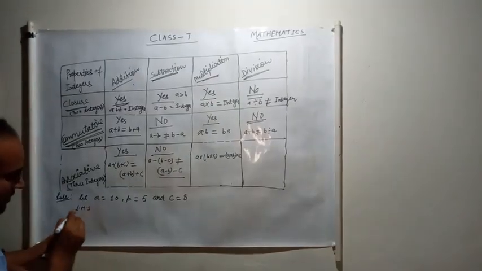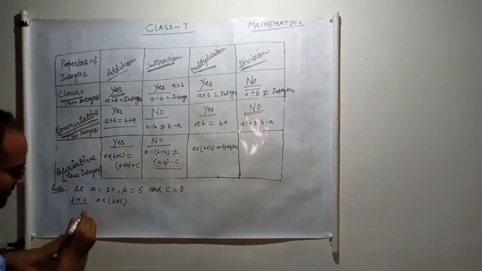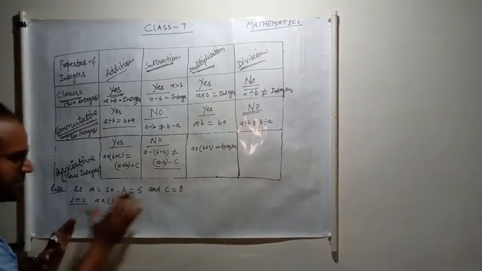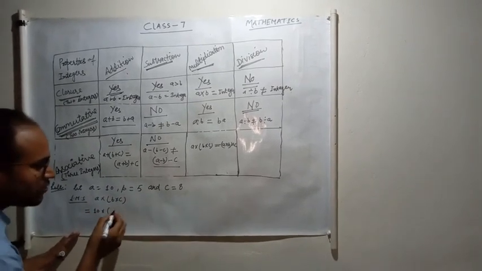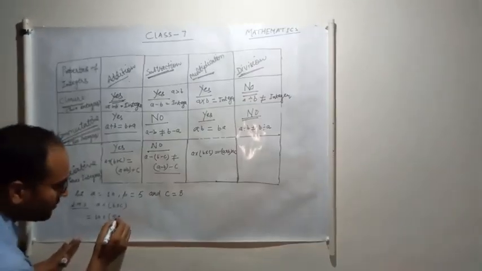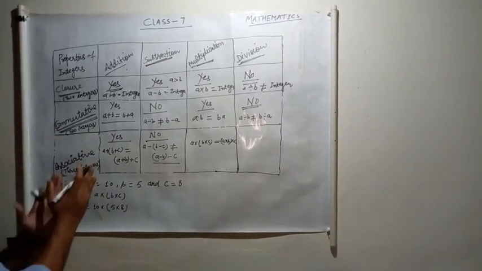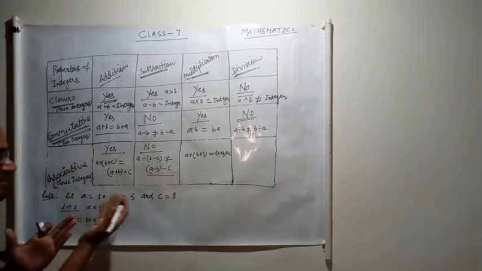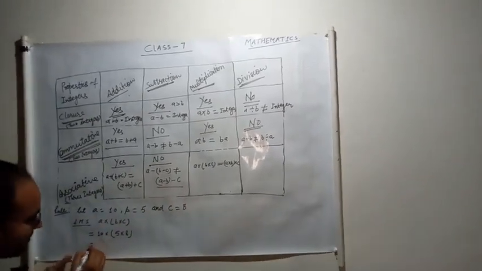Left hand side is A multiplied by (B into C). Put the values of A, B, C in this one: A is equal to 10 multiplied by B is equal to 5 and C is equal to 8. You can take any integer, no problem. Not only 10, you can take minus 10, minus 5, plus 8, no problem. All give the same results.